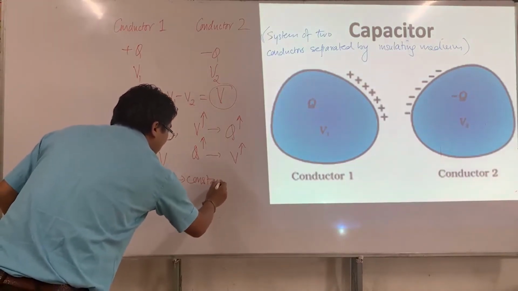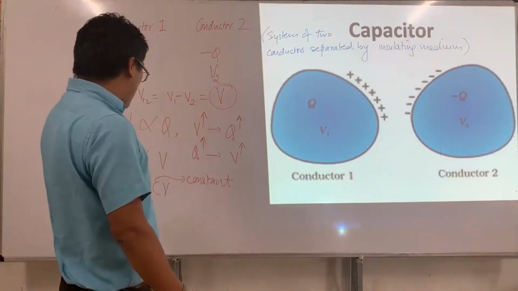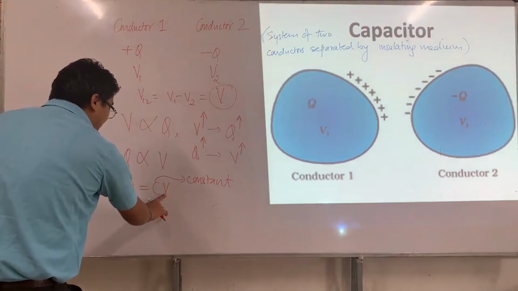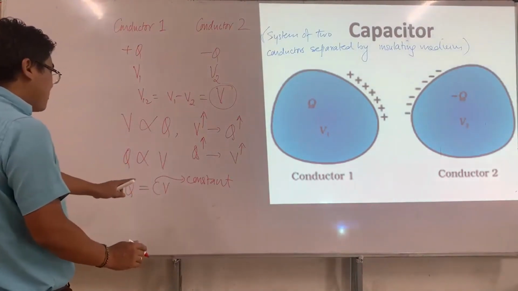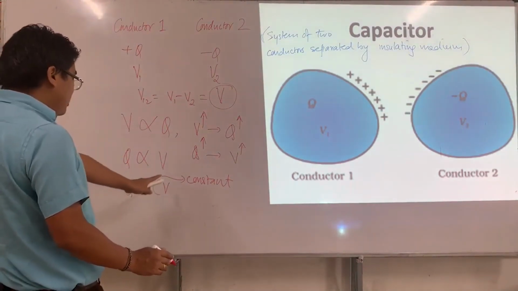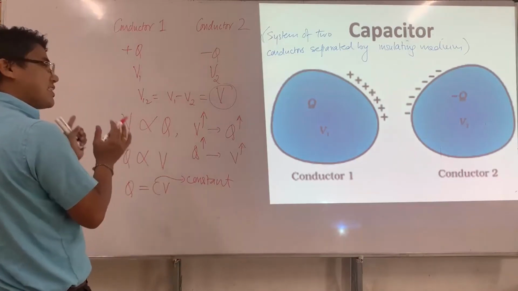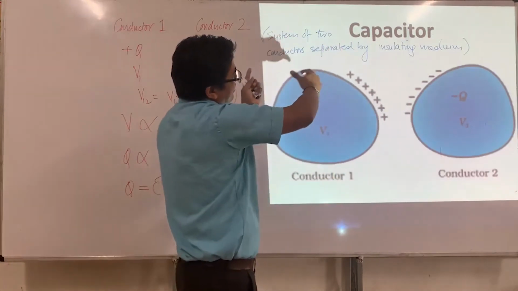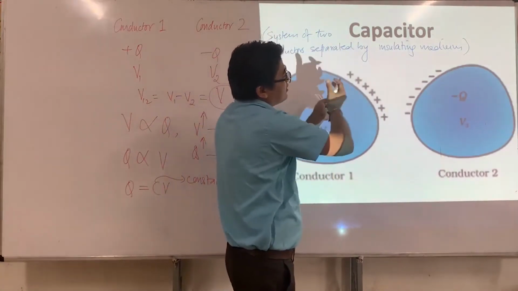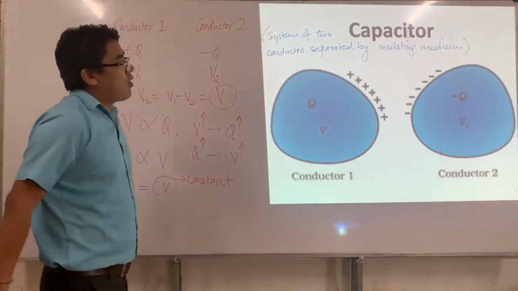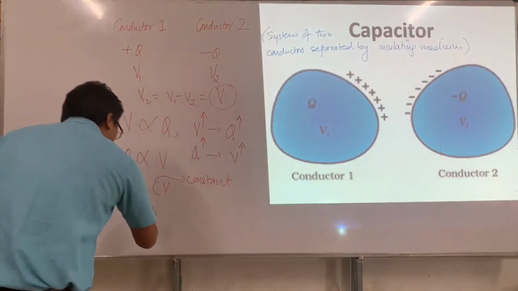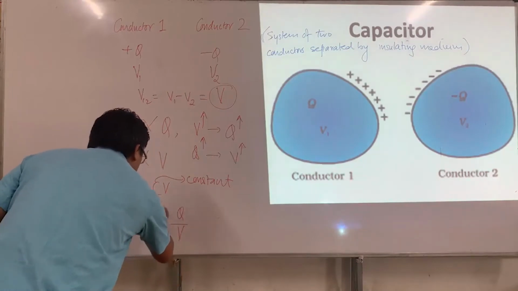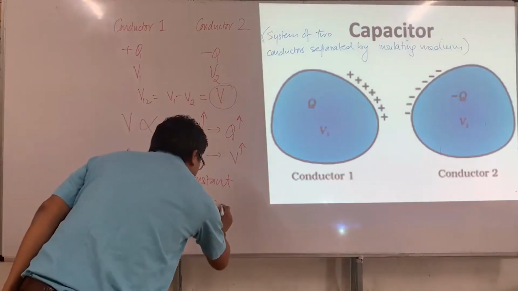This is some constant which does not depend on Q, which does not depend on V, which depends only on the nature of the medium and the geometry of these two conductors, right? So this is what we have, and I say that this constant C is defined as Q by V. This constant C is what we call capacitance.